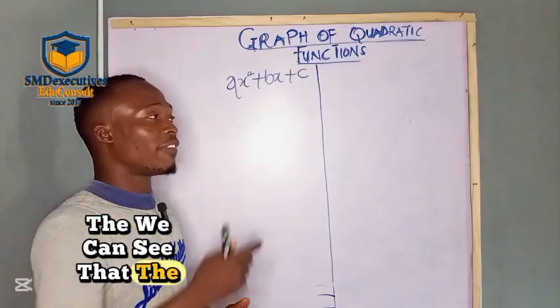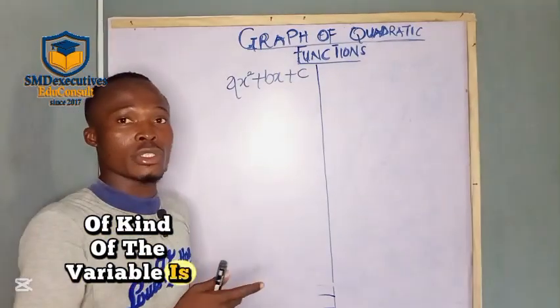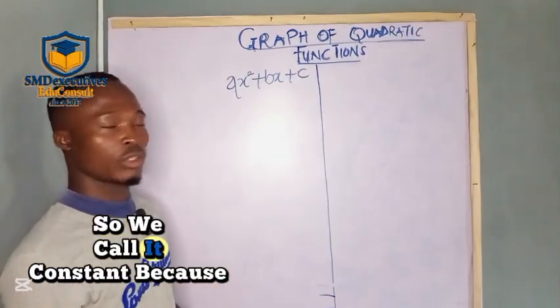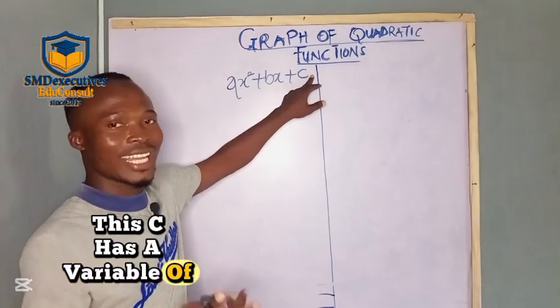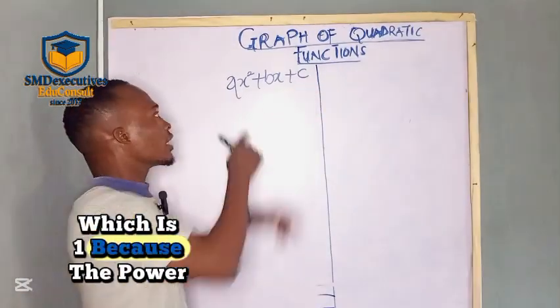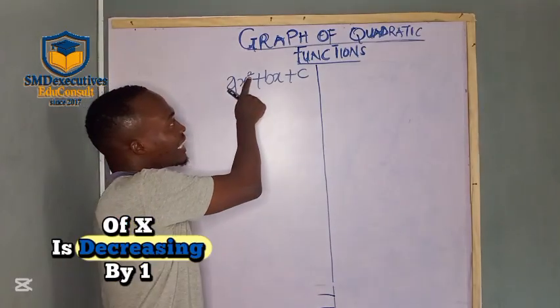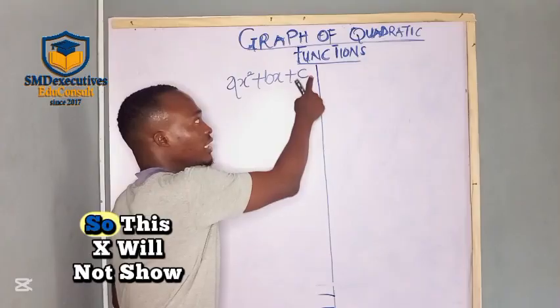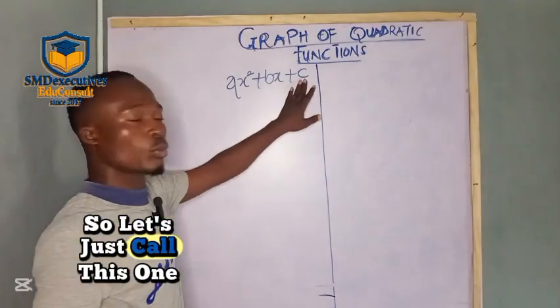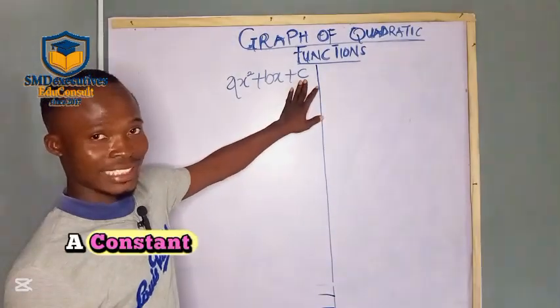The variable of c is not showing, but it's there. We call it a constant because the variable of c is x raised to power 0, which is 1. The power of x decreases by 1 each time, so from here to here by 1, and from here to here by 1, so this x will not show. So let's just call this one a constant.